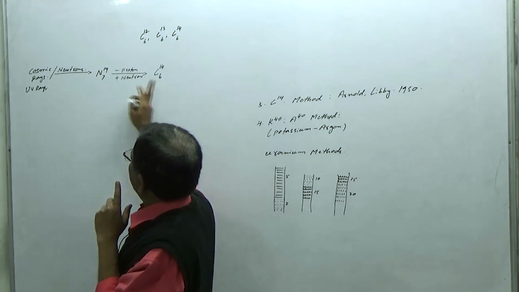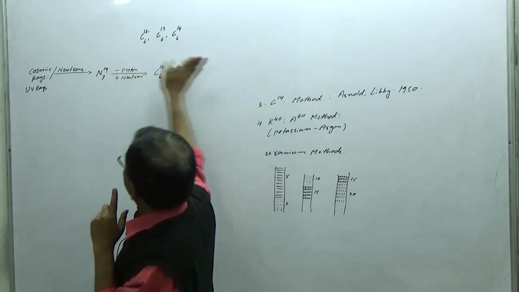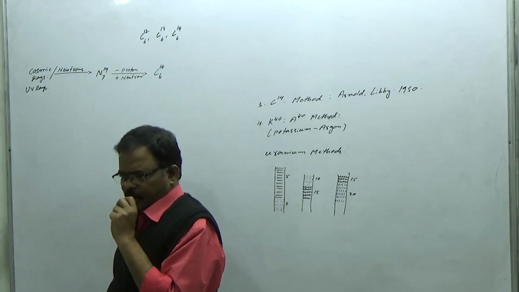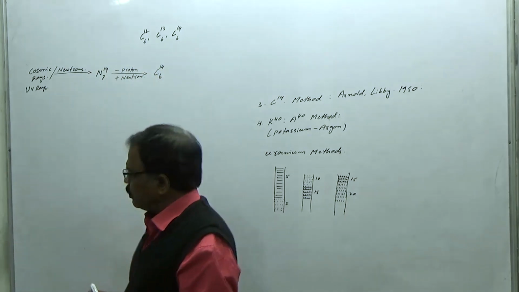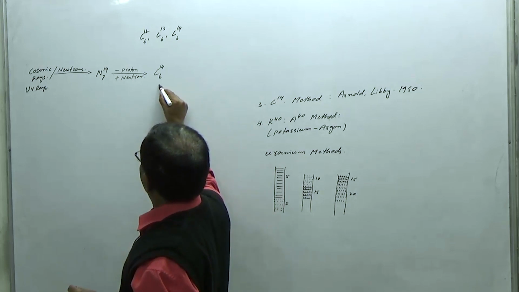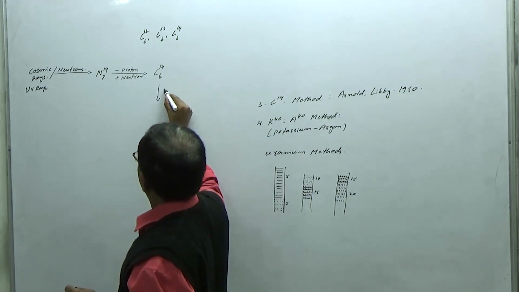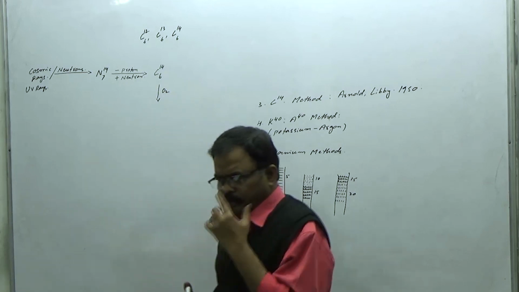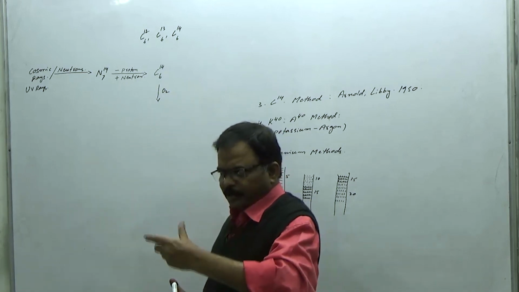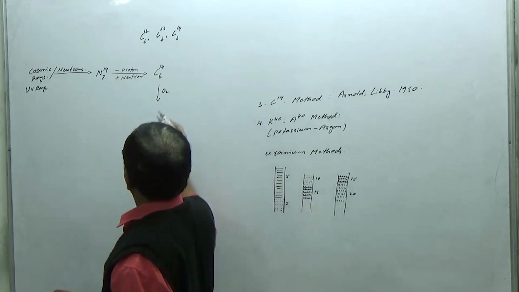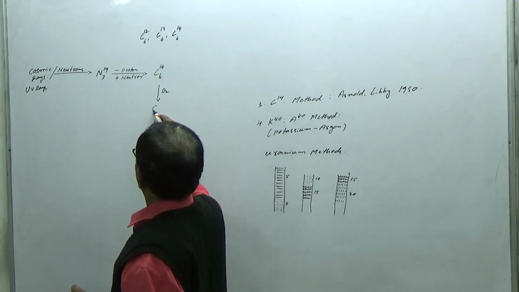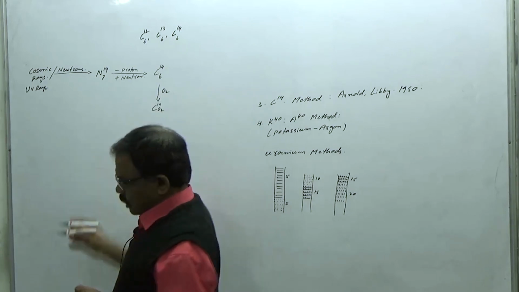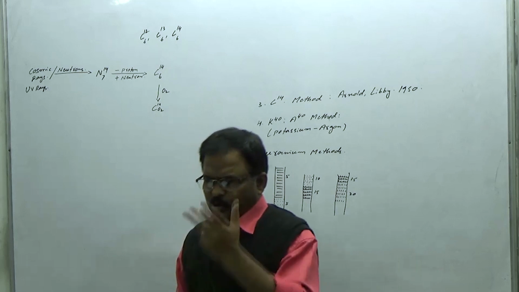Like that, the nitrogen converts into radioactive carbon C14. Then this C14 reacts with atmospheric oxygen and converts into carbon dioxide, that is radioactive carbon dioxide, C14O2.